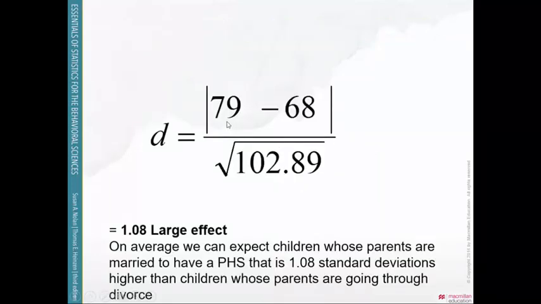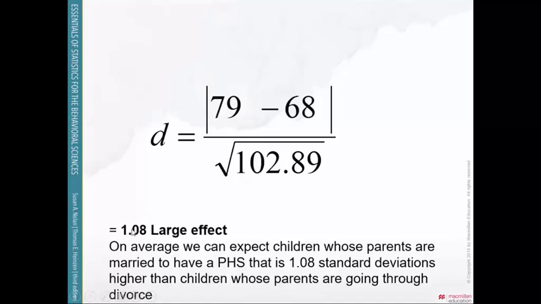So in this case, we've got 79, the mean of group. Oh, this is going back to the example with the physical health score. For children whose parents are married, which is 79, minus the physical health score of children whose parents are getting divorced, which is 68, over the square root of variance, which is the square root of 102.89.